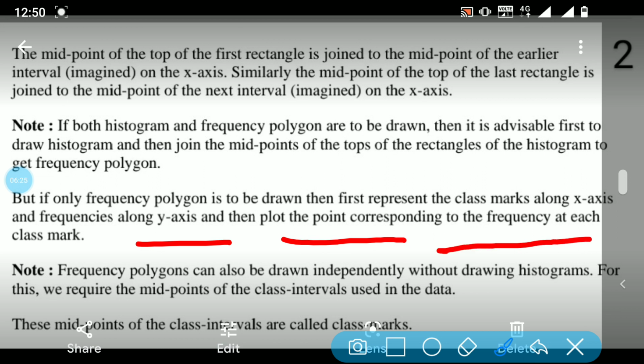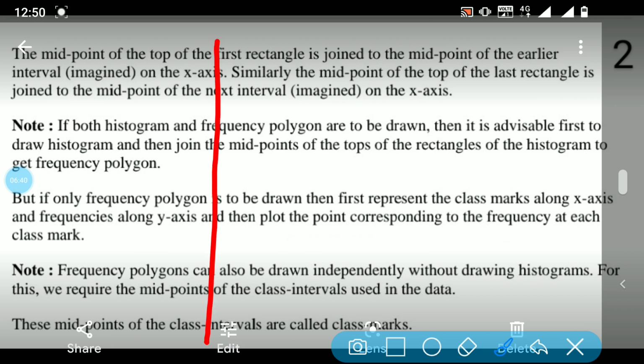Note the main point: a frequency polygon can also be drawn independently without drawing a histogram. For this we require the midpoints of the class intervals used in the data. See how you can draw the frequency polygon without a histogram. I'm going to explain. This is the x-axis, this is the y-axis.